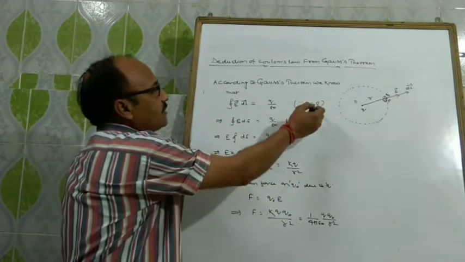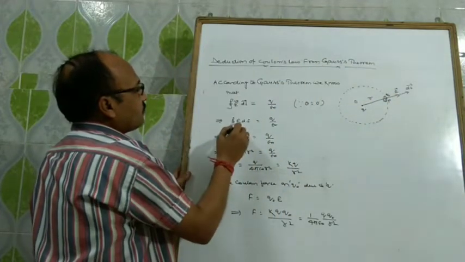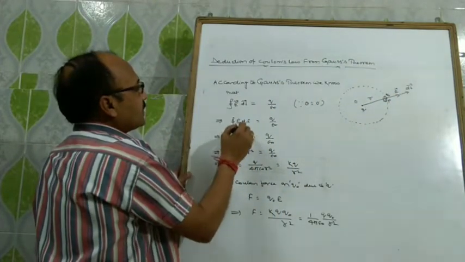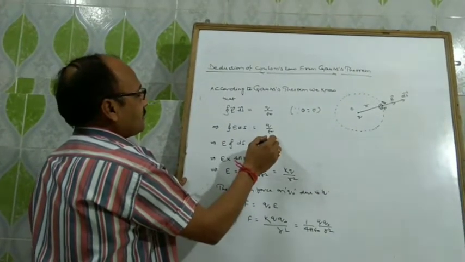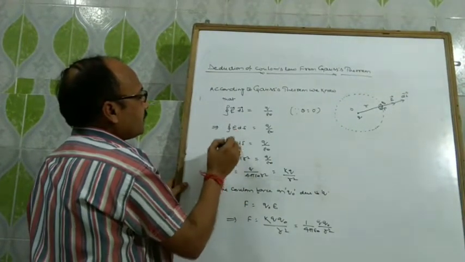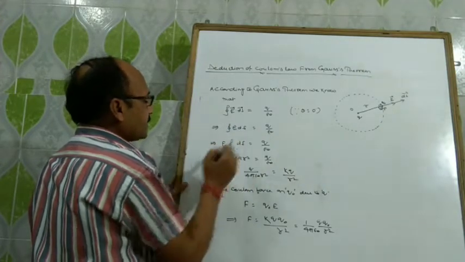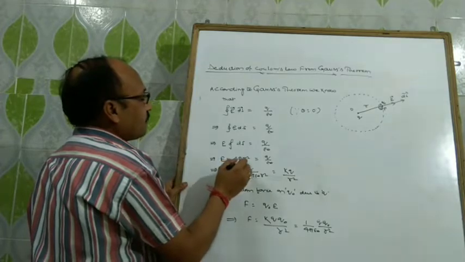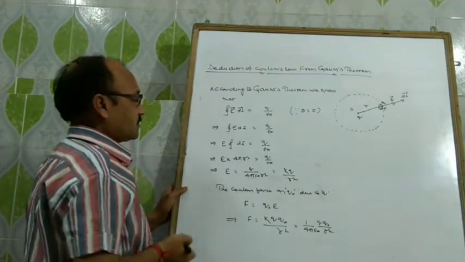Theta is 0 degree. E and ds both are in the same direction. So E dot ds equals E ds equals q upon epsilon naught. E is constant for this integration, so we take it outside. So this can be written as E into 4 pi r square equals q upon epsilon naught.